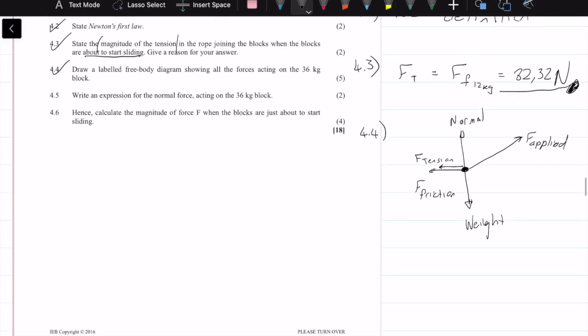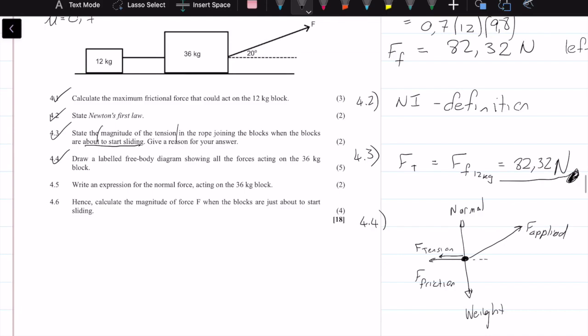Very generous. Now, write an expression for the normal force acting on the 36 kilogram block. I'm going to put the 20 degrees in here as well. The sum of the forces in the upwards direction is equal to the mass times the acceleration in the upwards direction, and because the block does not lift off the surface, it's equal to 0. What are our upwards forces? We have the normal force, and then the component of the applied force which is acting upwards.